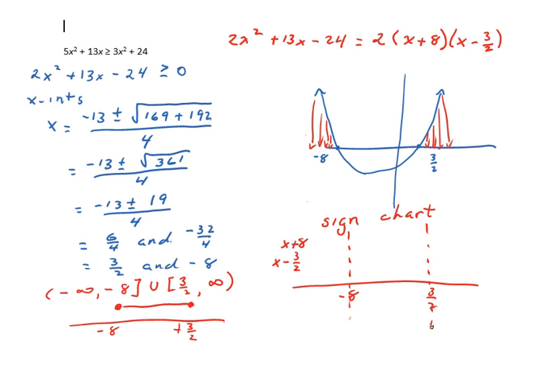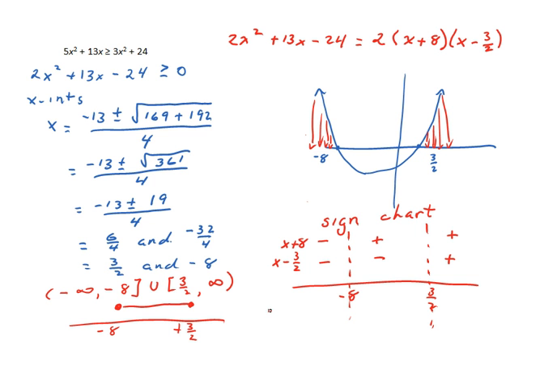And realize that x plus 8 is going to be positive when x is greater than -8. So we put positive signs in these two sections and negatives to the left of -8. We also realize that x minus 3/2 will be positive to the right of 3/2 and negative to the left of 3/2.